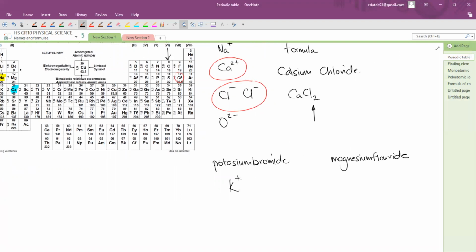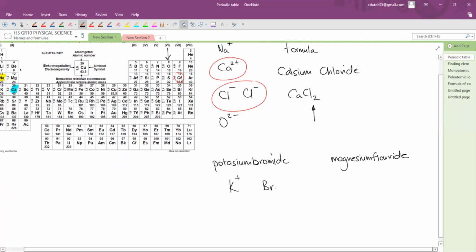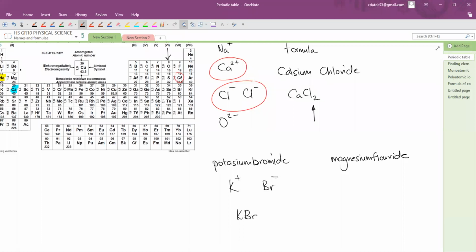On the periodic table, it's Br. And the charge on the ion? -1. So compound, please. K Br. Just like that. Easy, isn't it?